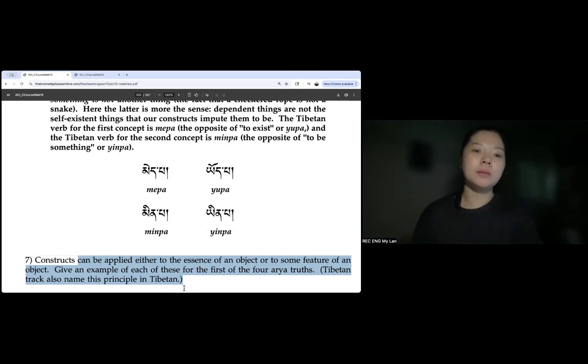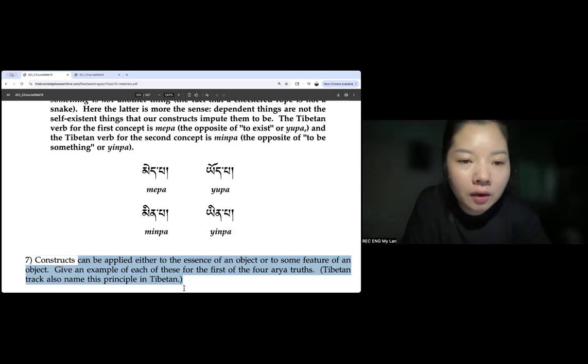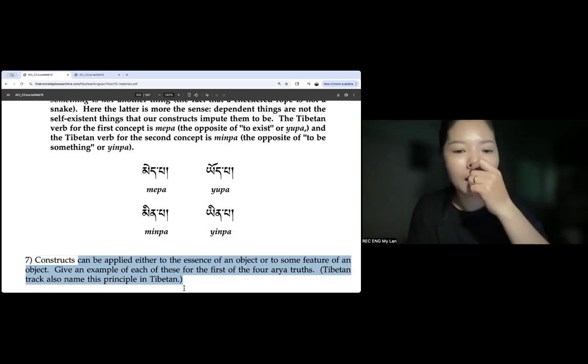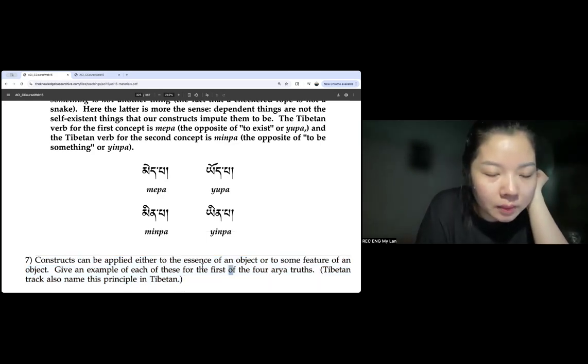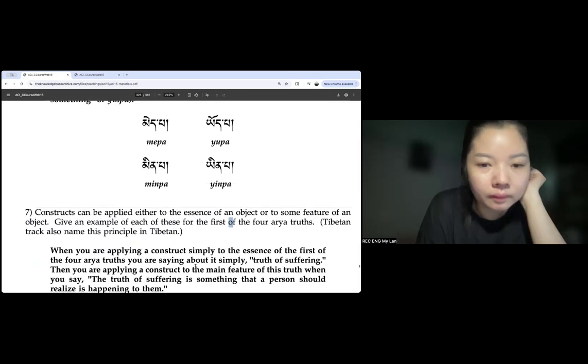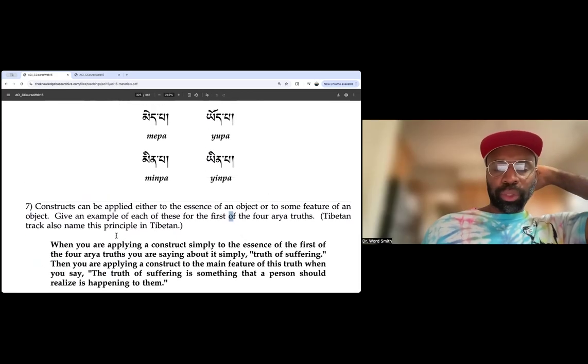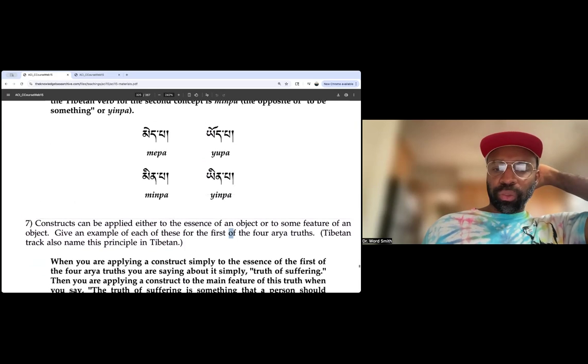Give an example for each of these for the first of the four Arya truths. That's okay. Thank you so much. Give an example of each of these for the first of the four Arya truths.